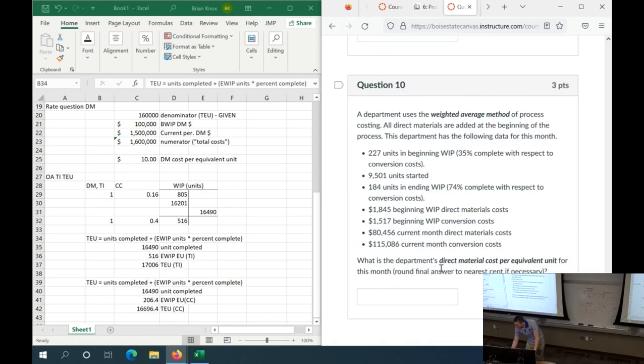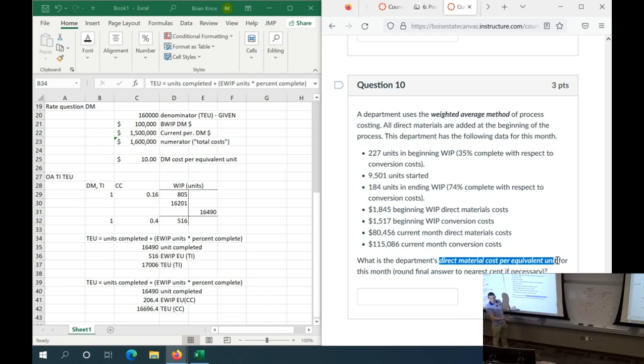So this one here is asking us for a rate of direct materials cost per equivalent unit. All these rates are dollar cost per equivalent unit, which is why we need TEU, total equivalent units, in the denominator. That's where we get the EU in the rate. So we're doing direct materials per equivalent unit, the rate, and I don't give you TEU.